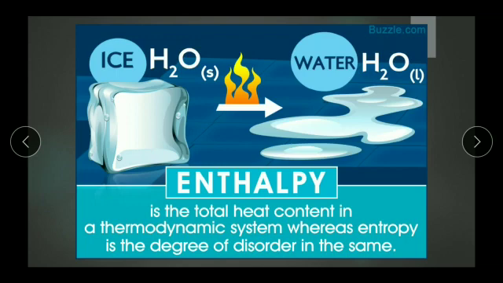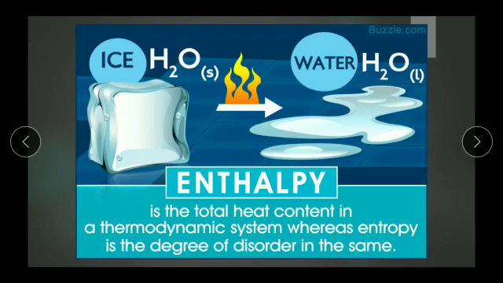Yes, by applying heat energy, the ice in solid state is converted to water in liquid state. To change this solid to liquid state, we need some heat energy, isn't it?